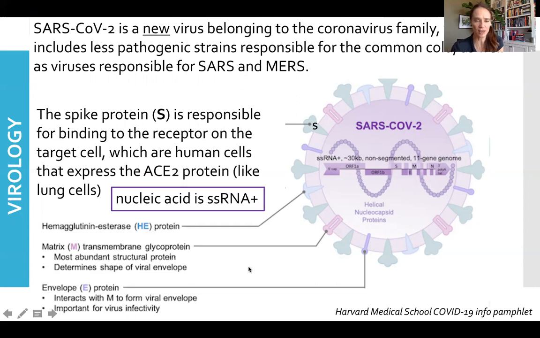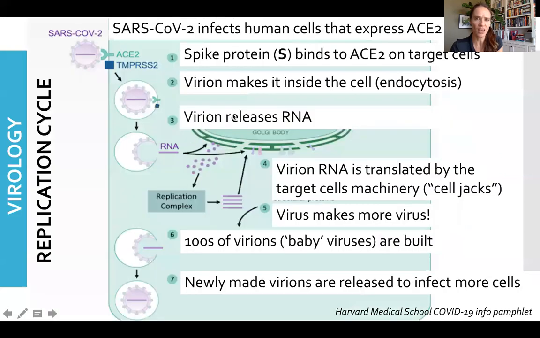And of course, there are other proteins on the surface of the virus as well, but we're really just going to stick with talking about spike protein because that plays a role in targeting the host cell, those respiratory cells, the lung cells. So again, SARS-CoV-2, the spike protein binds to ACE2 on target cells.